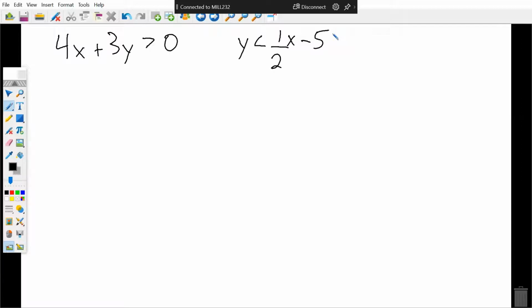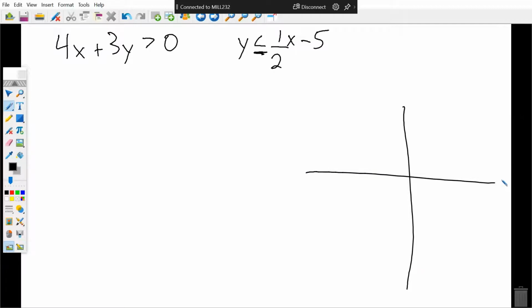The equations are 4x plus 3y is greater than 0, and y is less than or equal to 1 over 2x minus 5. So the first step is to graph.